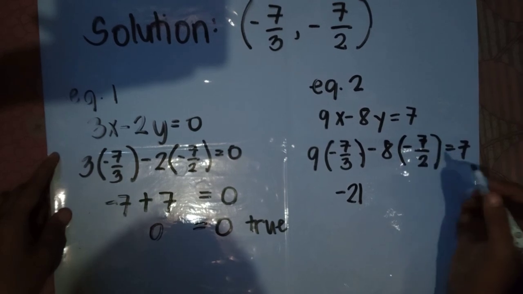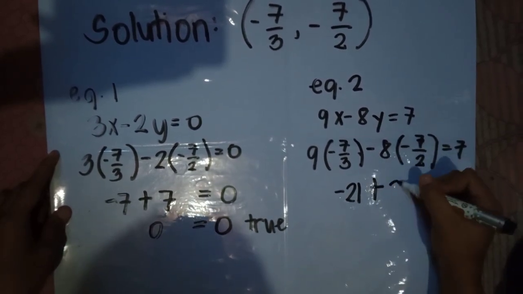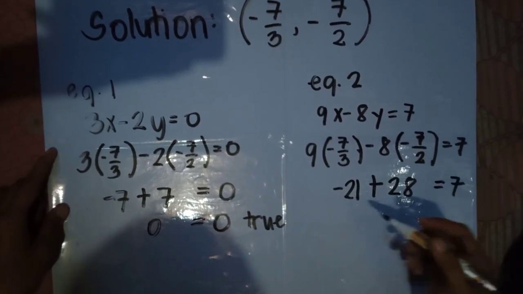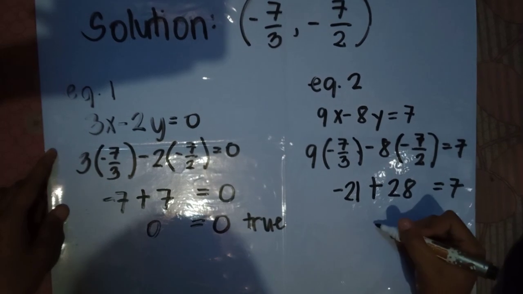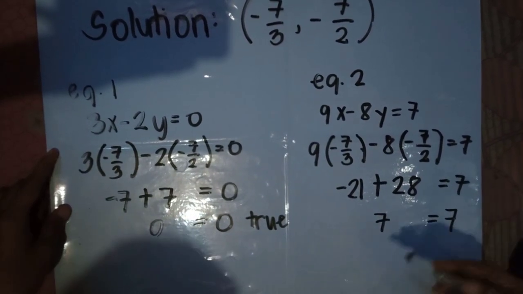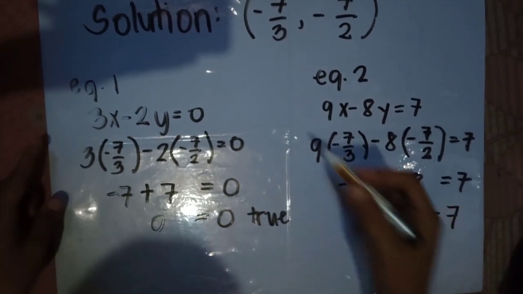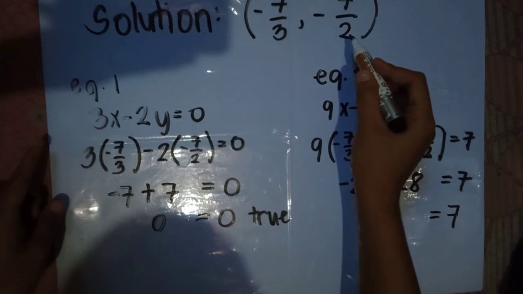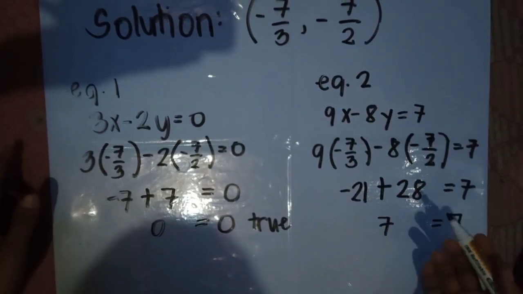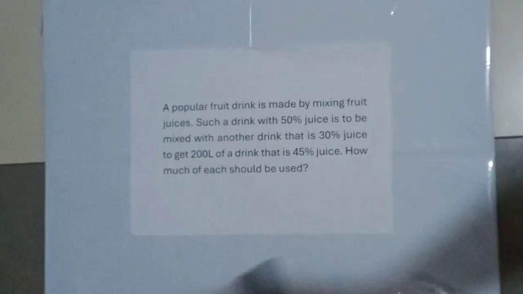Negative 8 times negative 7 halves is equal to positive 28. Negative 21 plus 28 is positive 7, so 7 equals 7. So, it also makes the equation true. The ordered pair, negative 7 thirds and negative 7 halves, is the solution of the system since it does make the equations true. This is the fifth problem.